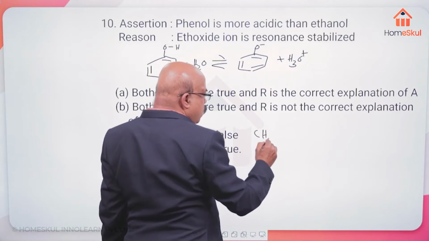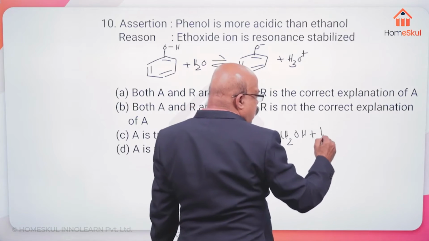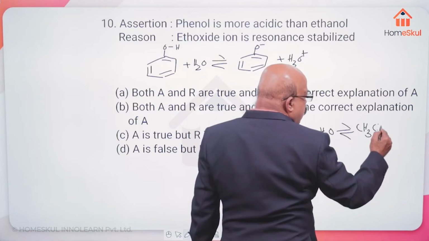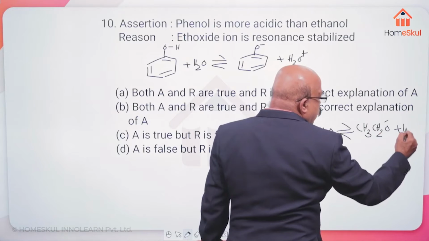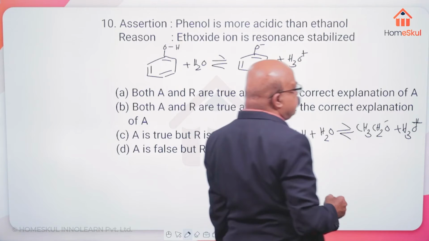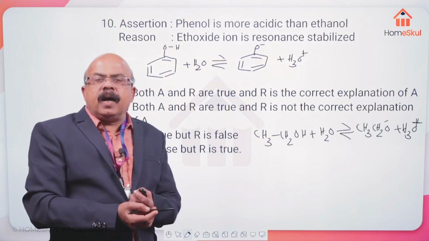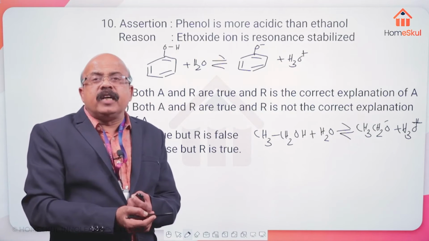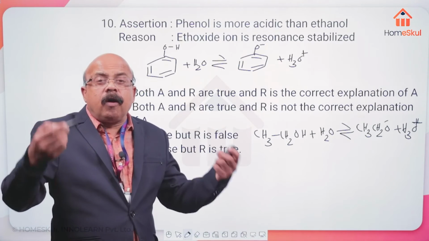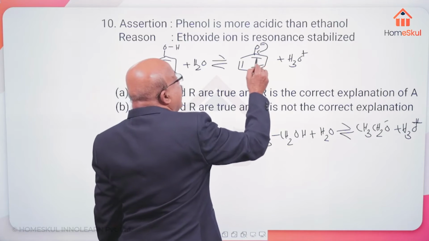When ethanol is taken in water, it undergoes ionization to form an ethoxide ion and a hydronium ion. Both these compounds undergo ionization in water. Phenol is more acidic because the acidic strength is proportional to the stability of the conjugate base formed. You know that the phenoxide ion is far more stable than the ethoxide ion because the phenoxide ion is resonance stabilized.